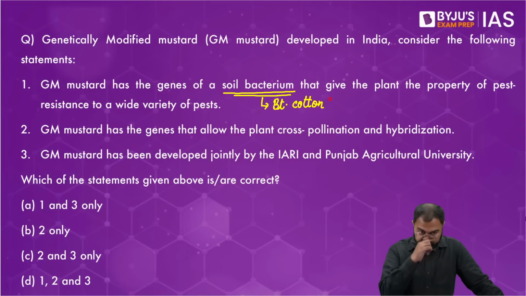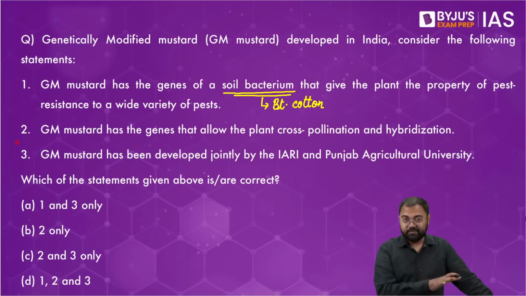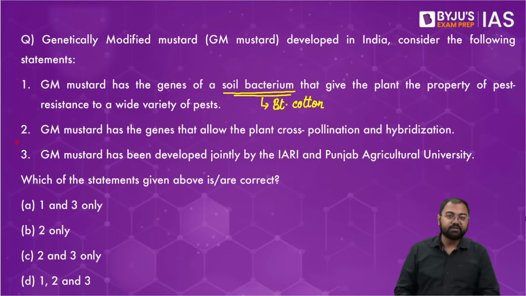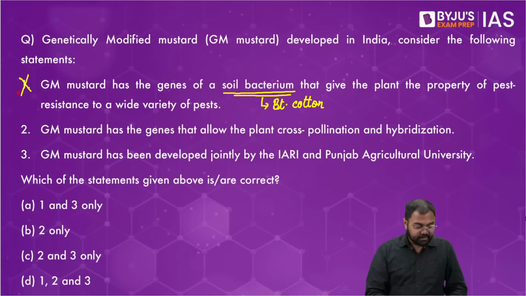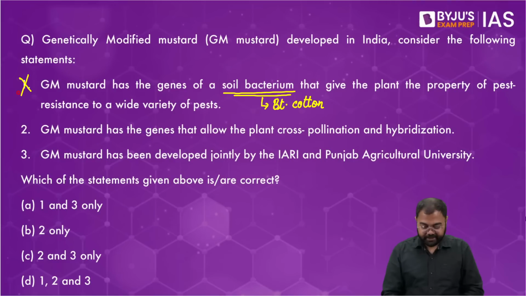It is coming from Bt cotton, so this is not really about the hybrid variety of mustard that we are creating here, because there is no bacterial DNA being transferred to DMH11, so this is wrong. GM mustard has genes that allow the plant's cross pollination and hybridization.